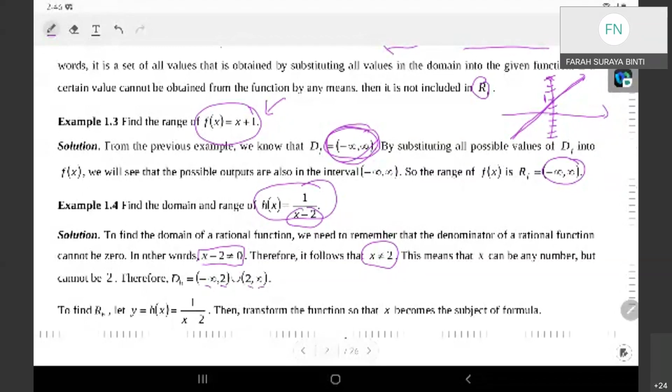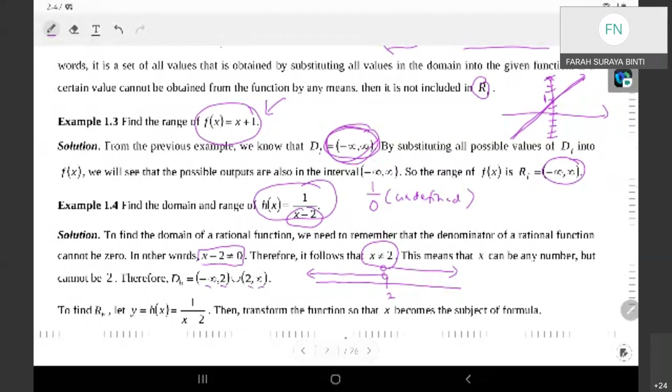Okay, maksudnya dekat sini domain dia, kalau kita tengok dekat number line dekat sini 2, domain dia adalah daripada sini ke sini dan daripada sini ke depan. Dia tak termasuk 2. Okay, dekat number 2 is undefined. Sebab kalau kita masukkan 2 dekat dalam ni, dia akan jadi 1/0, which is undefined.